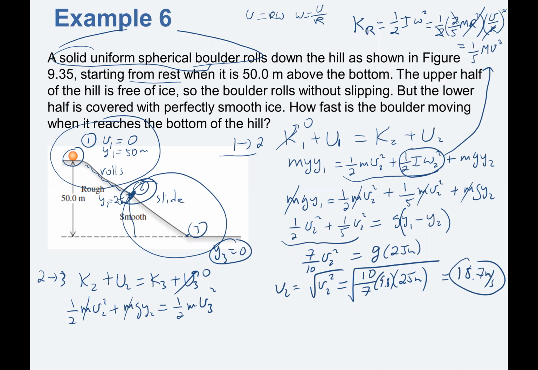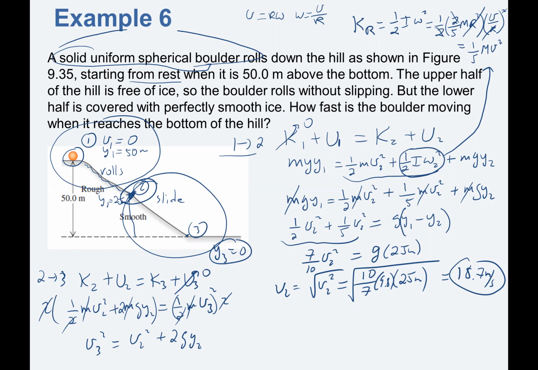Again, I can simply cancel the mass from both sides. One thing I can do is multiply both sides by 2. So this cancels, that cancels, and 2 goes over there. And what I have here is v3 squared equals v2 squared plus 2 times gy2, by switching the sides.